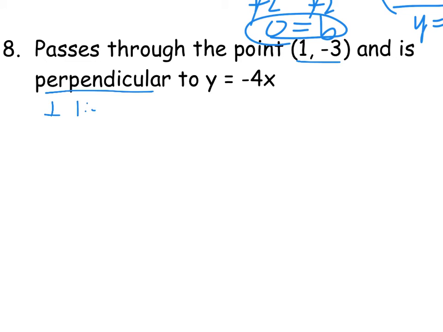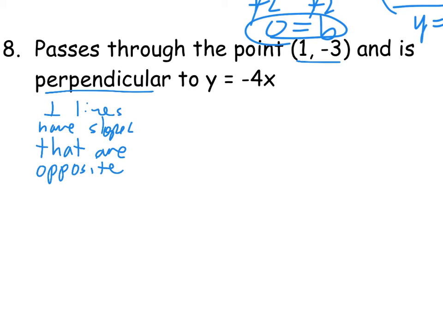Perpendicular lines have slopes that are opposite. That means if one's positive, the other one's negative. The reciprocal of each other.